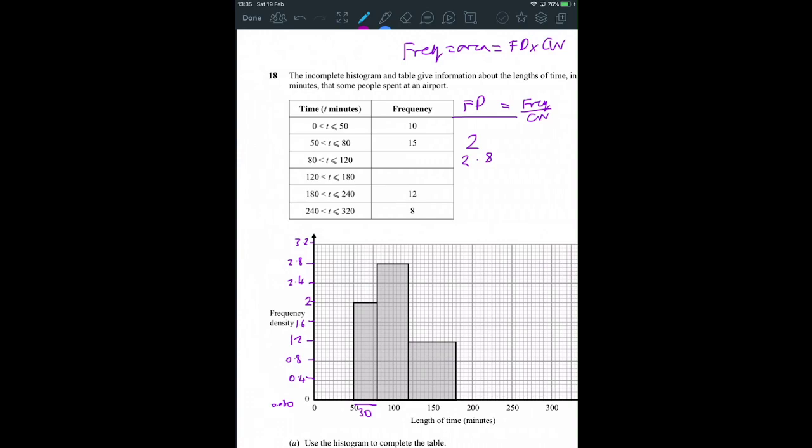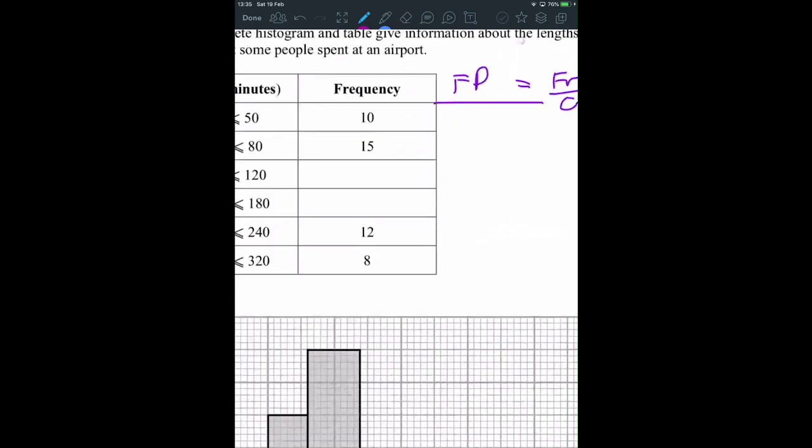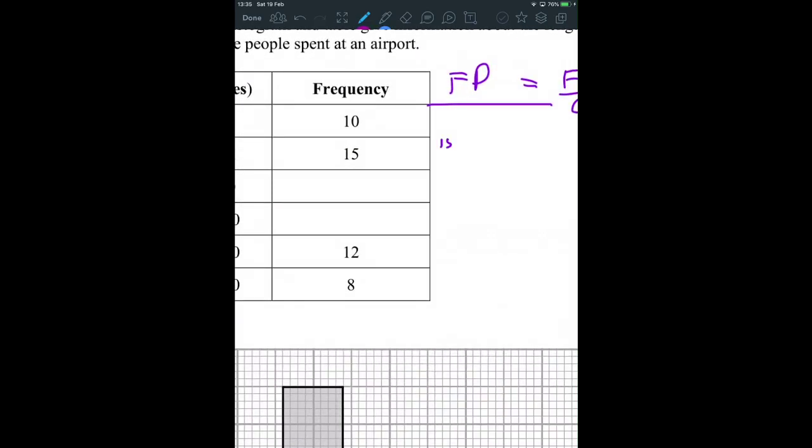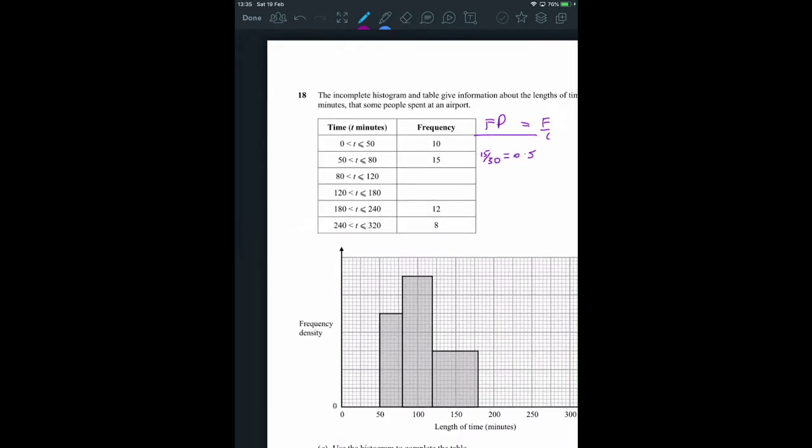Now I'm just a little concerned, and I think I've actually done some things upside down. Frequency density is frequency over class width, which is not 30 divided by 15, but 15 divided by 30, which is 0.5. So I've actually got that scale wrong.